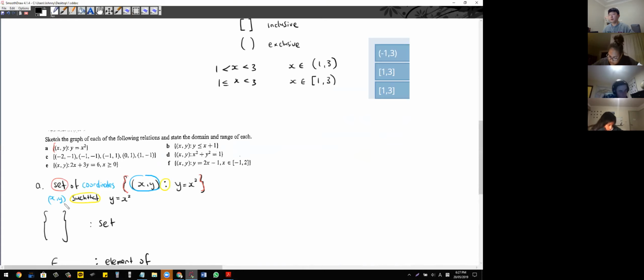So what does all of that mean? So that's how you read this one. So a set of xy coordinates, or coordinates xy, such that y equals x squared.